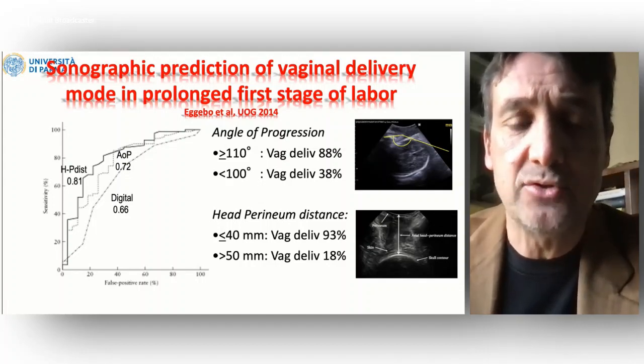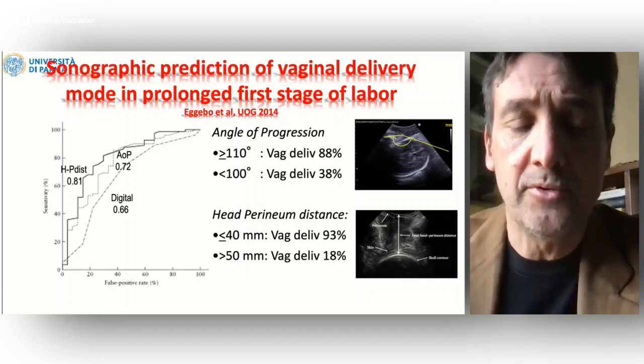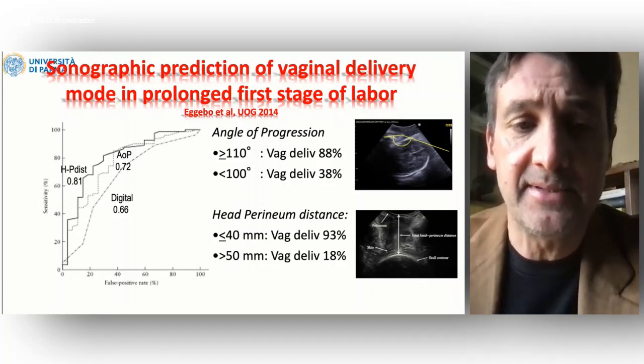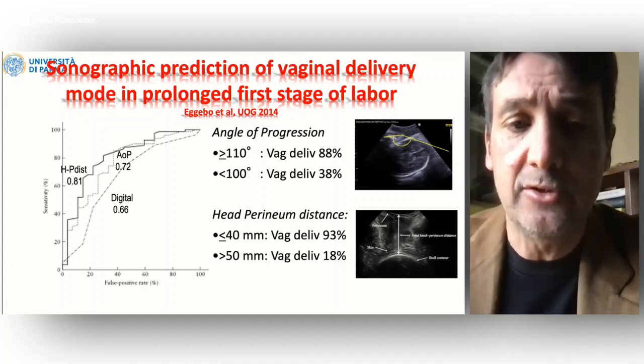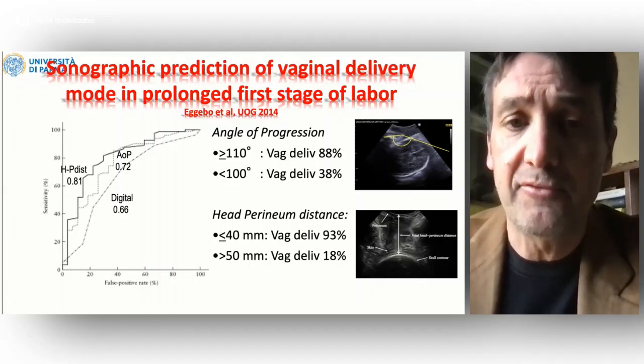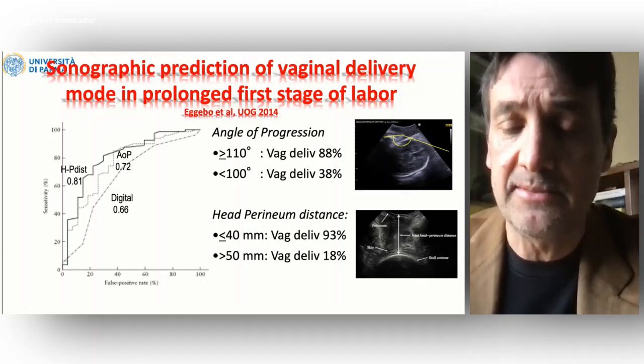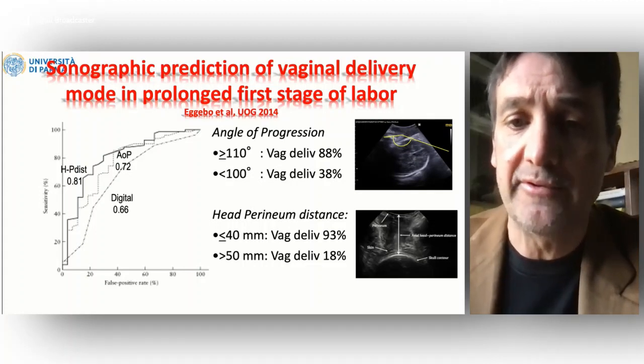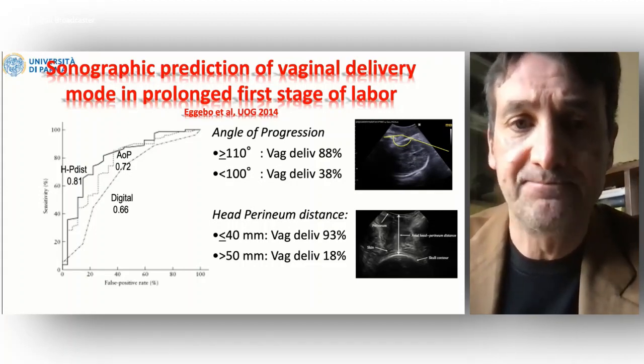And as you can see from the ROC curve, the two sonographic parameters were more accurate than the digital examination in predicting the need for cesarean delivery in these women who were apparently stuck in the first stage of labor. And when the two sonographic parameters were favorable, the angle of progression wider than 110 degrees and head perineum distance shorter than 4 centimeters, the residual chance of having a vaginal delivery was still very high.